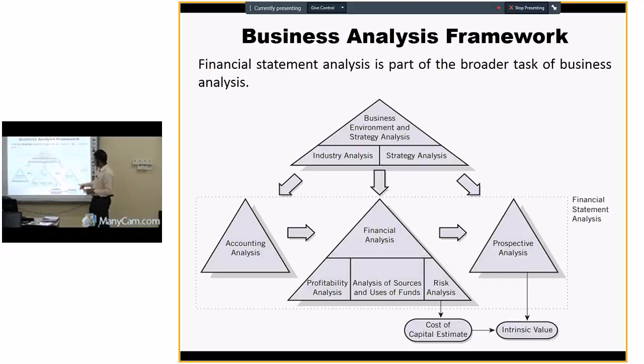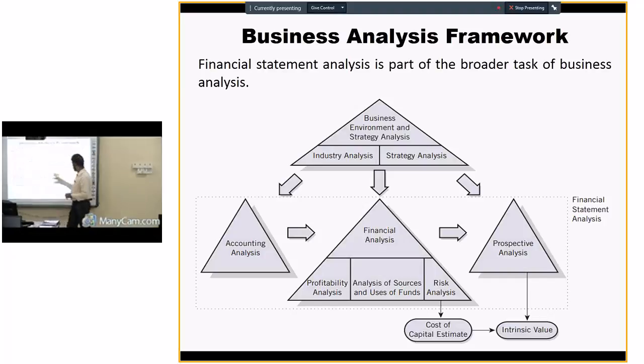If you take this total area, that is under financial statement analysis, it will cover accounting analysis, financial analysis and also the prospective analysis. These are the components of financial statement analysis and also part of the business analysis.